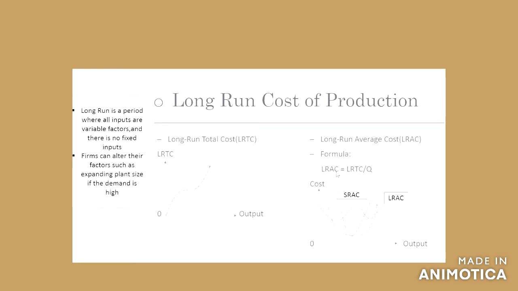The formula to get LRAC is LRTC divided by output. So this is the curve. The LRAC curve is a combination of short run average cost curves. It means it is derived from a series of short run average cost curves.